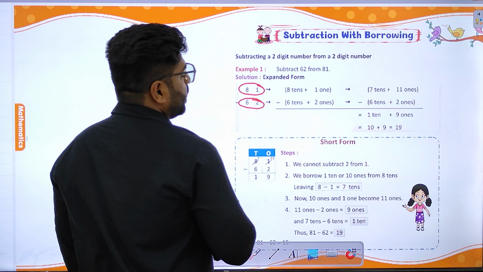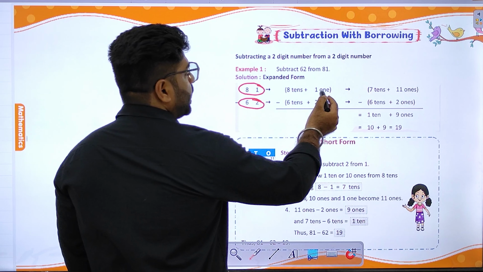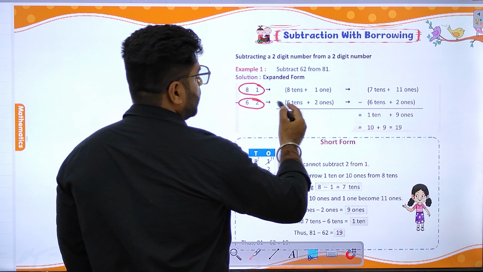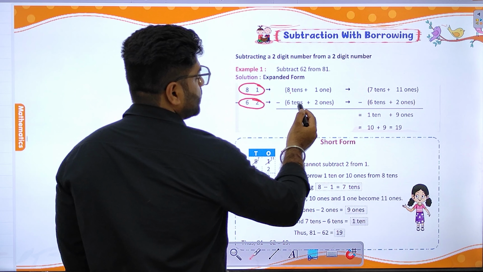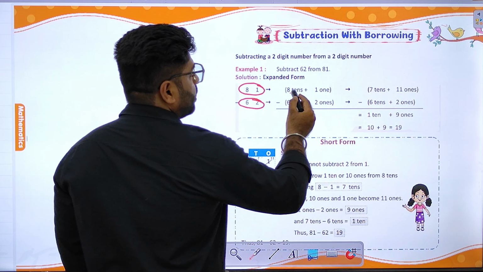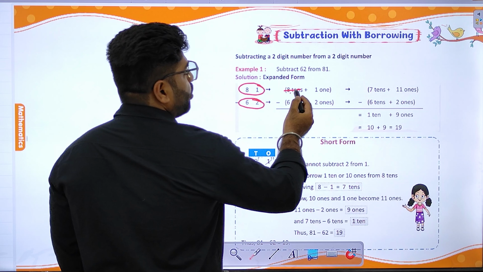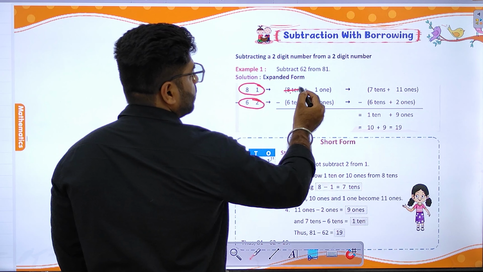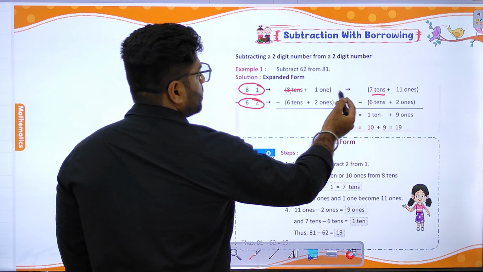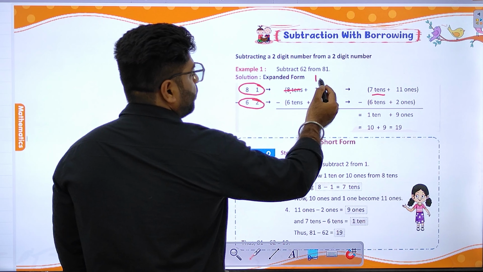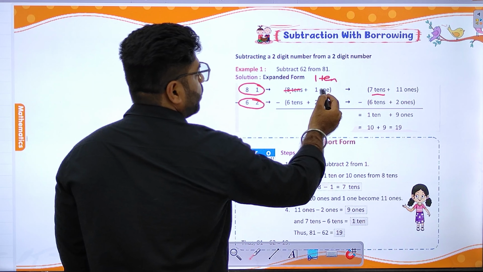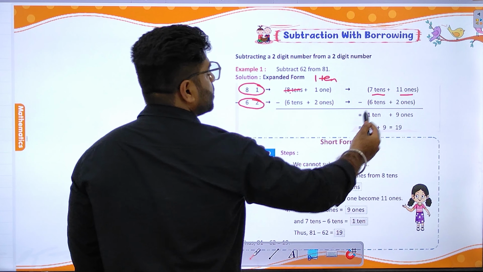So we can make the borrow. How can we make the borrow? We will take 1 ones and 2 ones, 8 tens and 6 tens. So we will take 1 ten from 8 tens, just like here. We are having 7 tens and this is 1 ones. If we add 1 ten to 1 ones, it will become 11 ones.